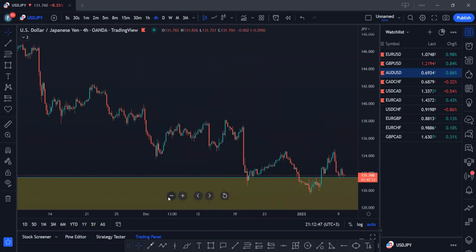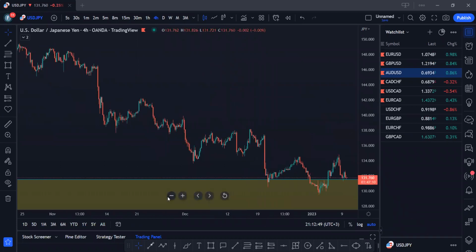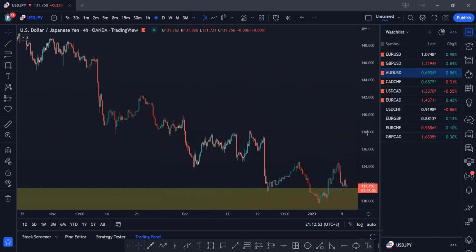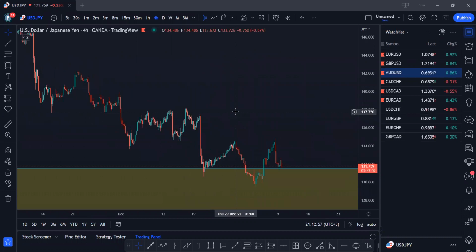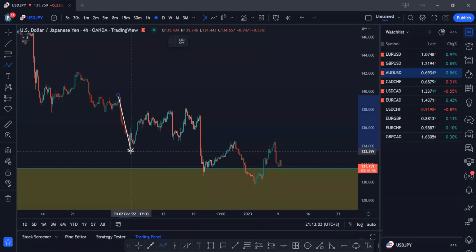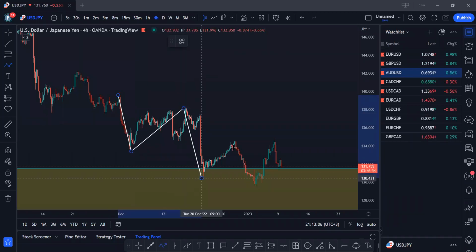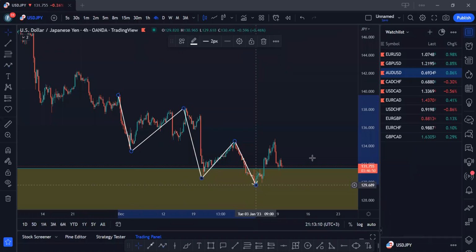If we are going to look for buys on H4, that means the market structure needs to shift from bearish to bullish. Right now, what do we have on H4? We have an impulse, correction, impulse, correction, impulse.